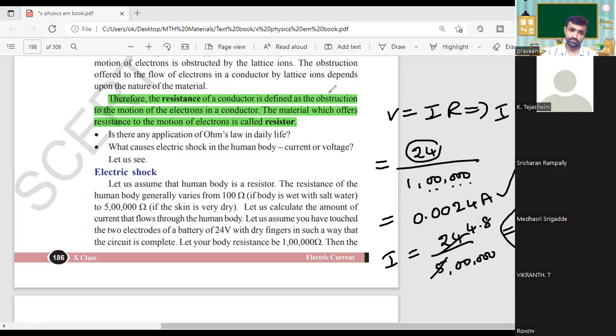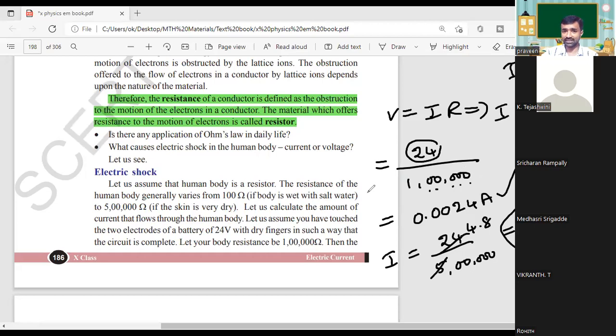Sharon, Rohit, Vikrant, anyone? Answer me. In what way are you giving the relation between the current and the resistance? Directly proportional or inversely proportional? Just observe the values here, resistance and the amount of current.